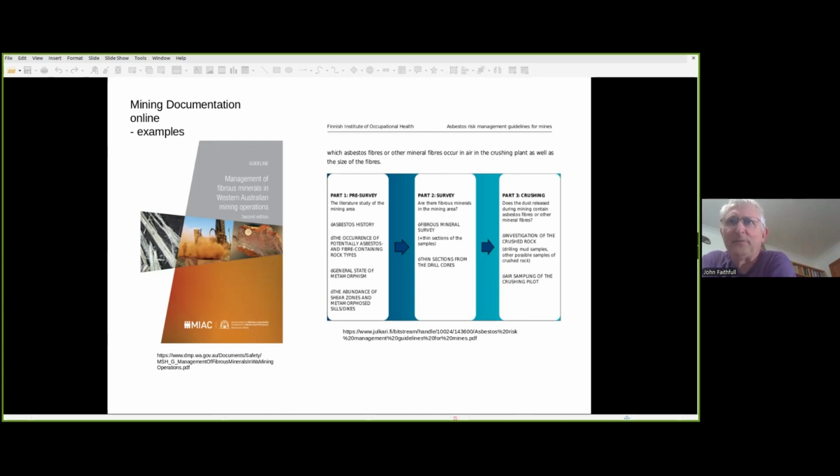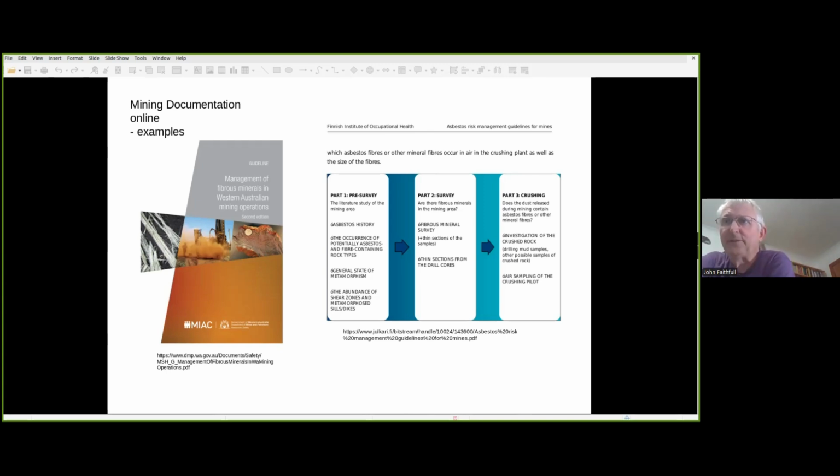And one of the things about commercial operations and consultants is that they often see their protocols and practice as proprietary and part of their intellectual property, so the details are often not circulated in the way that might be helpful to us.